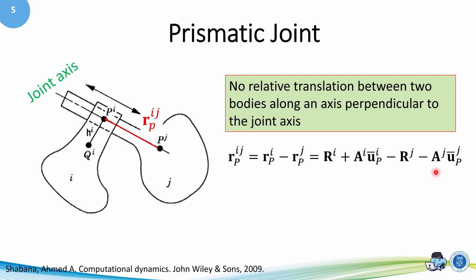Then we also need to formulate the vector perpendicular to the joint axis, or x-axis. That is from Qi to Pi. And we can write the equation of the vector xi as Ai times Upi bar minus Uqi bar. Since the vector Rpij and xi are perpendicular, we get this equation: the inner product of those vectors is 0.